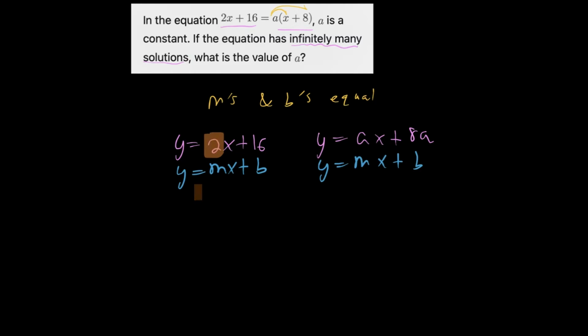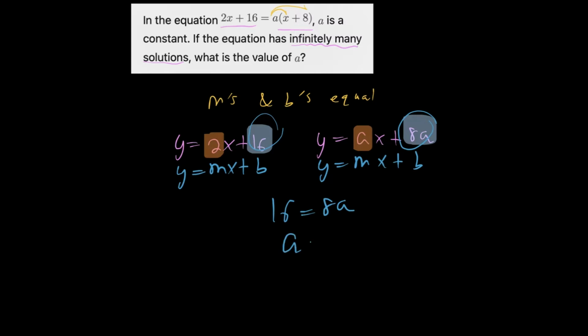So the slope here is 2, the slope here is a, the y-intercept here is 16, the y-intercept here is 8a. And the slopes and the y-intercepts are equal. So it's going to advantage us to set the y-intercepts equal. 16 equals 8a, divided by 8 on both sides, and a equals 2.